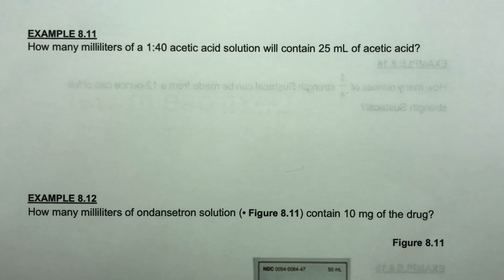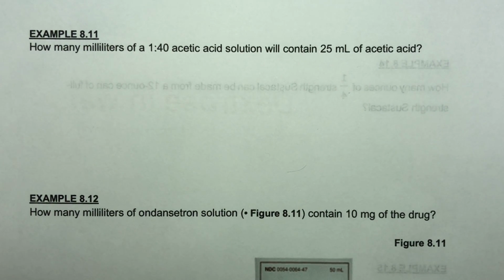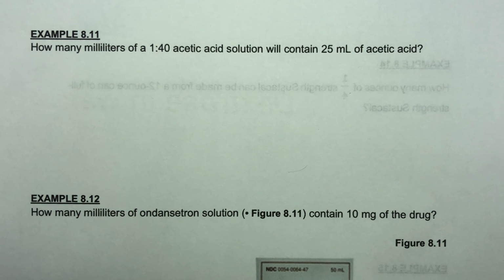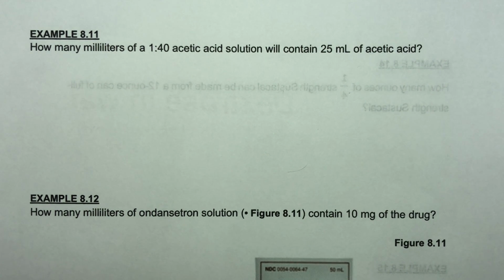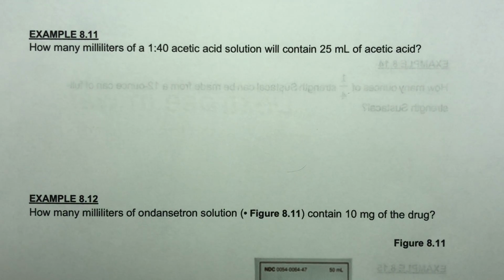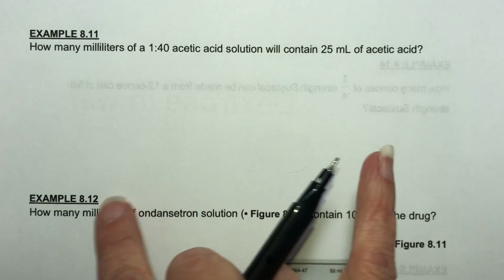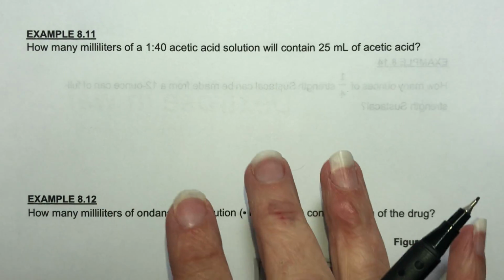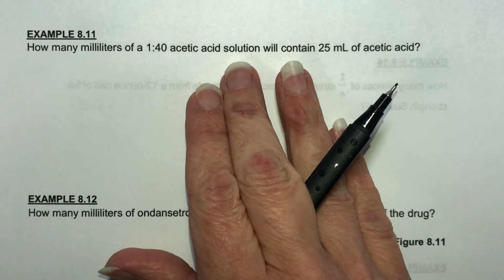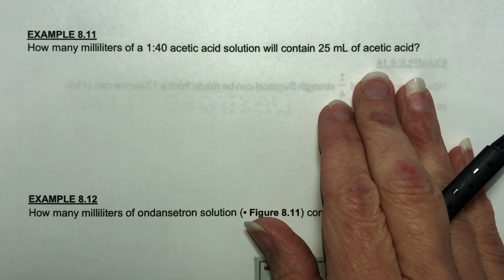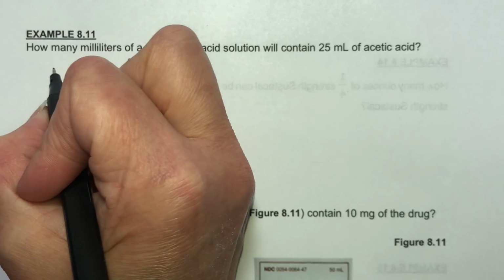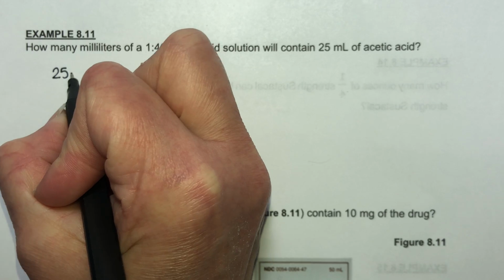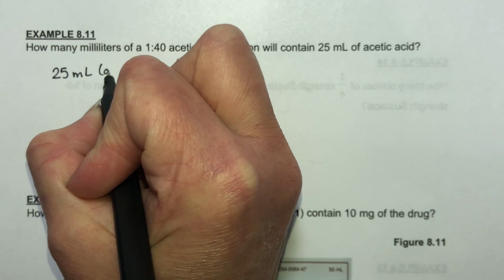Okay, number 11. How many milliliters of a 1 to 40 acetic acid solution will contain 25 milliliters of acetic acid? So again, I have liquids and liquids, so I'm going to need to keep track of whether I'm talking about the solution or the acid. I want to have 25 milliliters of the acid.